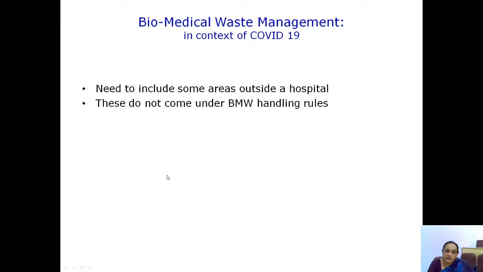I would say one more thing, that in the context of COVID-19 there have been little modifications. Since we are in the middle of the pandemic, with quarantine facilities, isolation facilities, COVID care centers, and home isolation, there was a need to include some other areas outside a hospital, which were earlier not part of the framework and do not come under the biomedical waste handling rules.